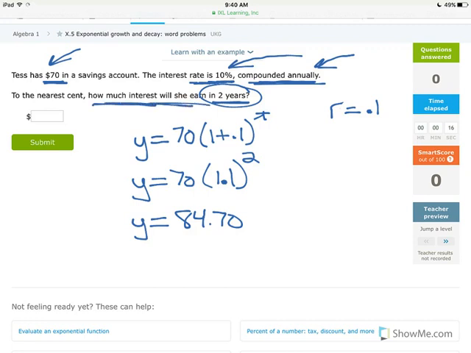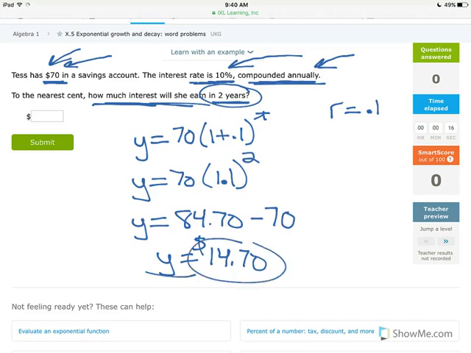So this is how much money she has in her account, but remember she started with 70. So if we minus 70, that will tell us how much interest or how much difference she has in her account, so how much she actually earned. So if you subtract that, you should get $14.70. So $14.70 should be going into the answer box.